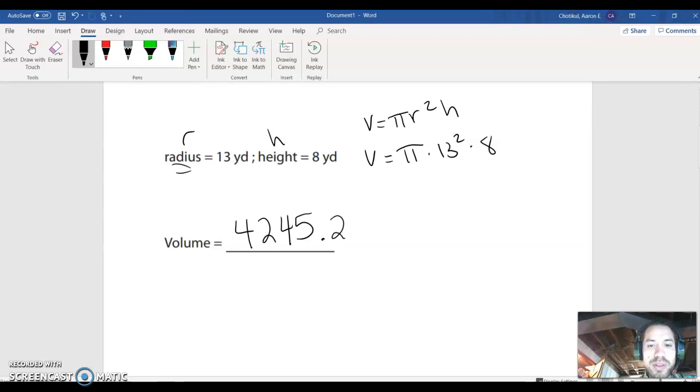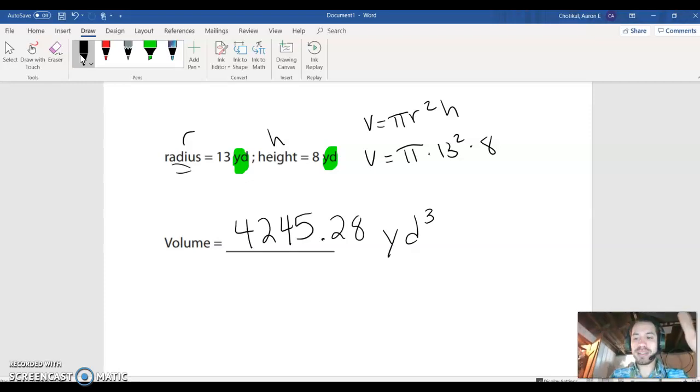Make sure you follow directions as to where you round. Here I'm just going to be as precise as I can, and we're looking at yards. So our units are going to be yards cubed. Remember, units cubed here. Make sure you use the correct units.